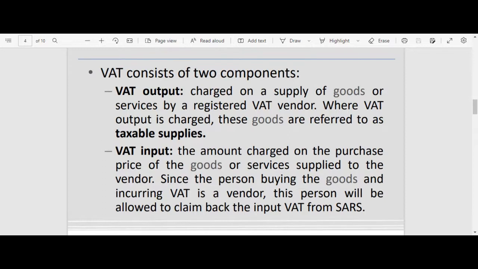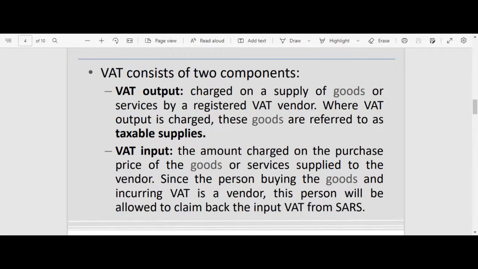So clearly, ladies and gentlemen, if any business should not pay over the value added tax to the Revenue Service, it is theft. They are stealing money which has never ever belonged to them. So they are just administering the process of collecting the taxes and paying it over to the Revenue Service on behalf of the Revenue Service.